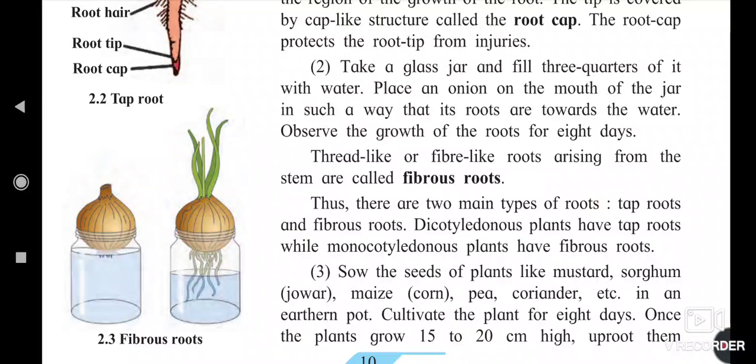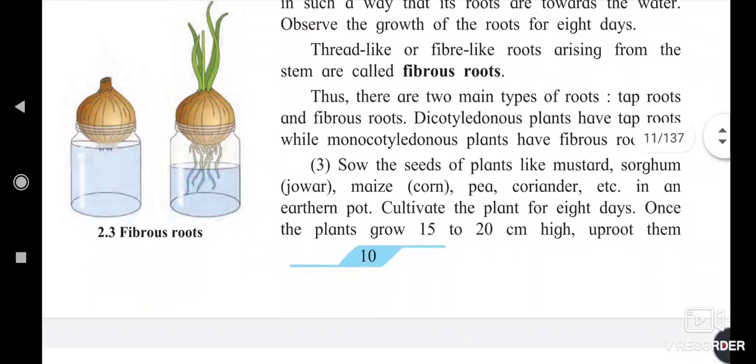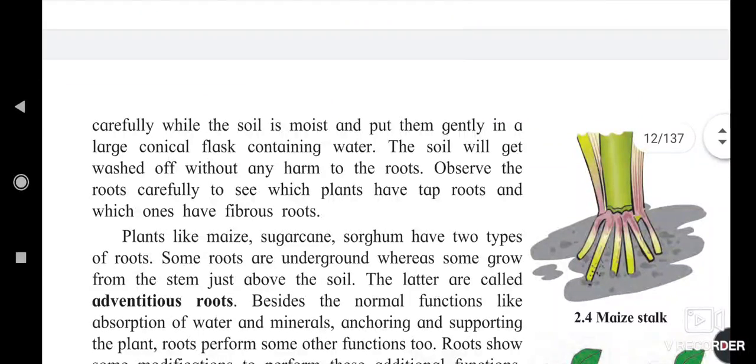Sow the seeds of plants like mustard, sorghum, maize, pea, coriander, etc. in an earthen pot. Cultivate the plants for 8 days. Once the plant grows 15 to 20 centimeters high, uproot them carefully while the soil is moist, and put them gently in a large conical flask containing water.